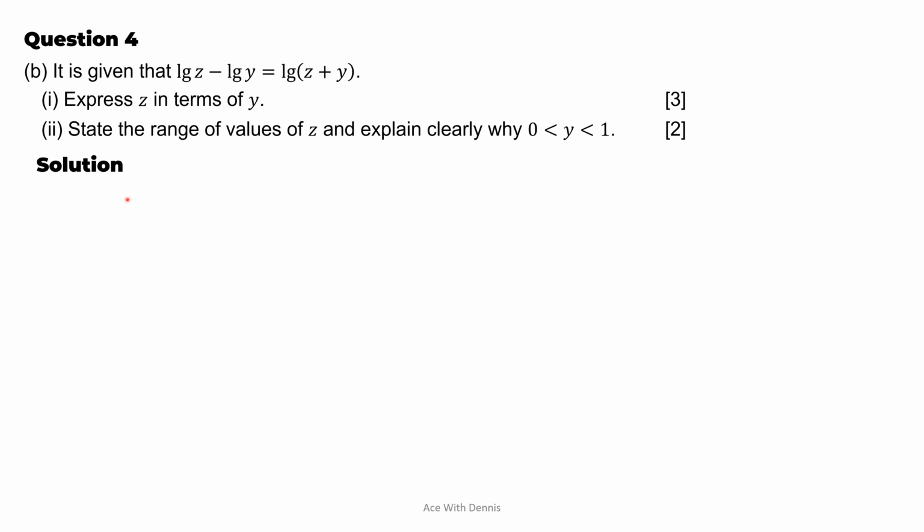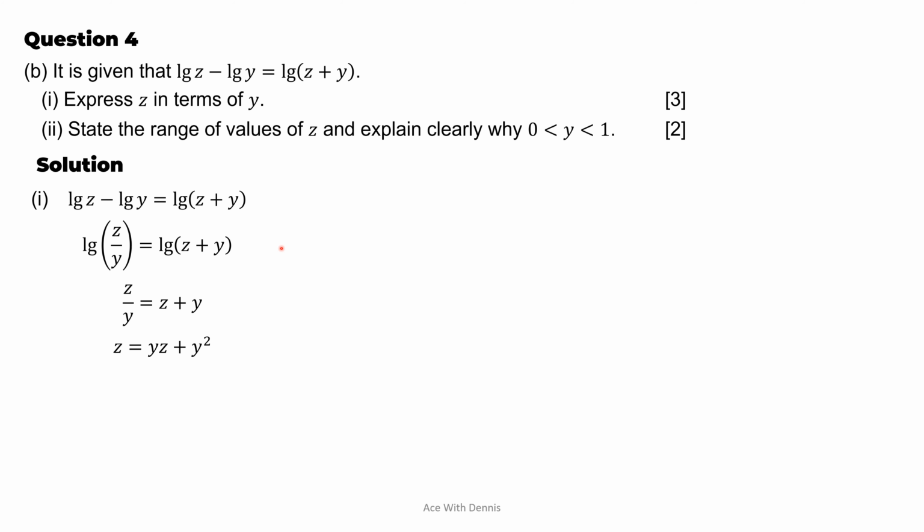Here is the solution. For the first one, log z minus log y equals log z plus y. So we can combine log z minus log y together, which gives log z over y equals log z plus y. Now, since both sides have the same log with the same base, we can compare the content inside the log, which is z over y equals z plus y.